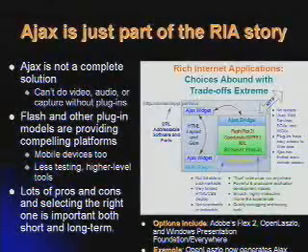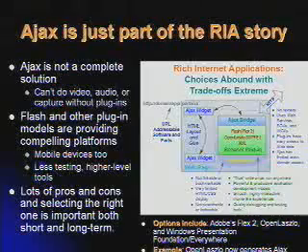Lots and lots of pros and cons. And I wrote an article for ZDNet that this diagram's a part of, and because of time, we're probably not going to go over that, but really understanding each one of those points is really, really critical. You can't go one way without losing something, and vice versa. So understanding your trade-offs there is absolutely essential when you say, all right, my Ajax strategy is going to have my favorite framework, a couple libraries.